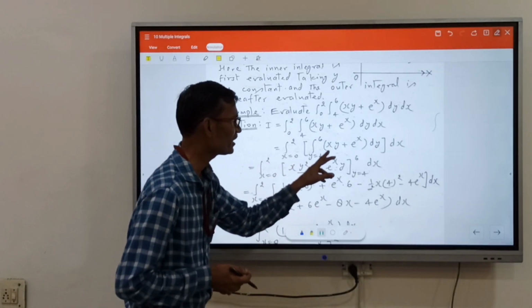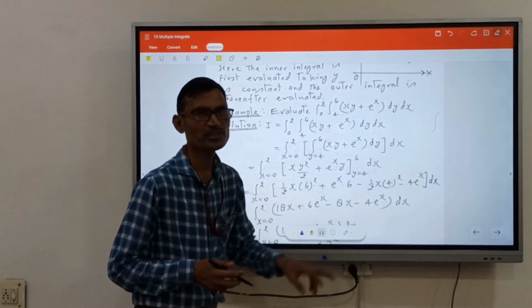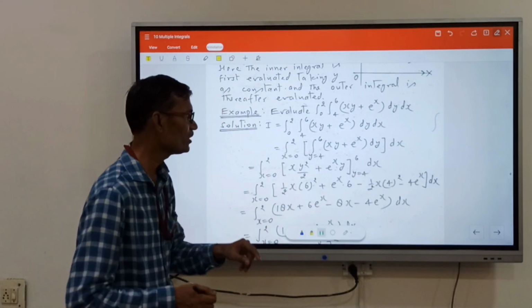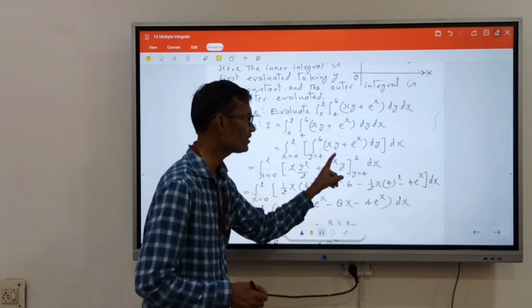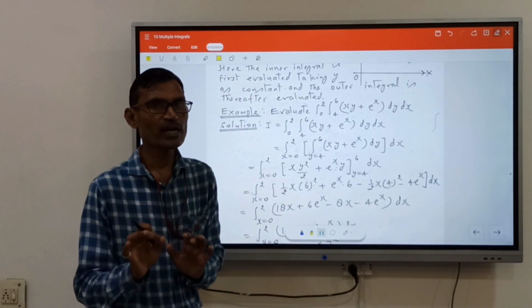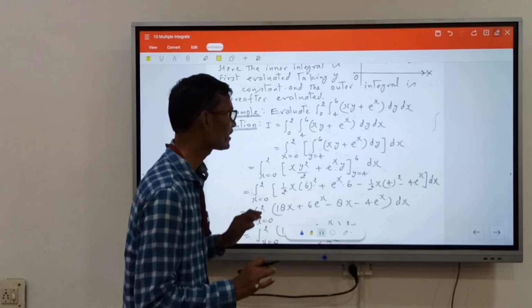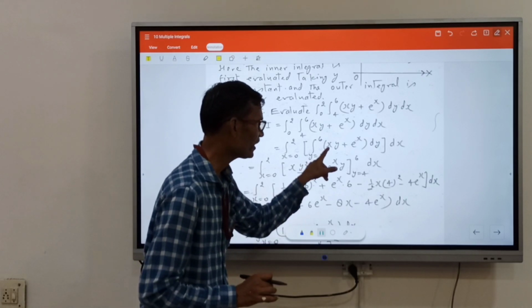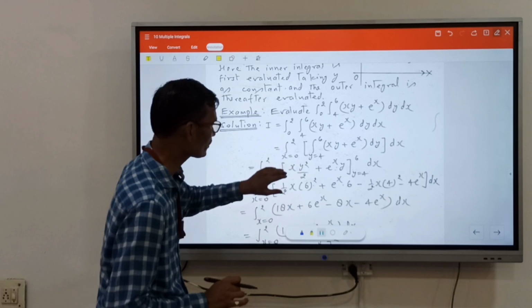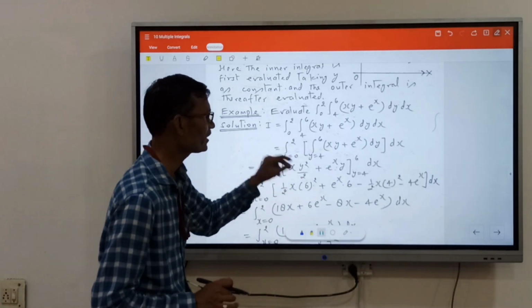The first integral sign is evaluated with respect to y. Remember, as I have just explained, while integrating the function with respect to y, we will have to take x as a constant. So x is a constant term, x comes outside, and y is integrated like this.